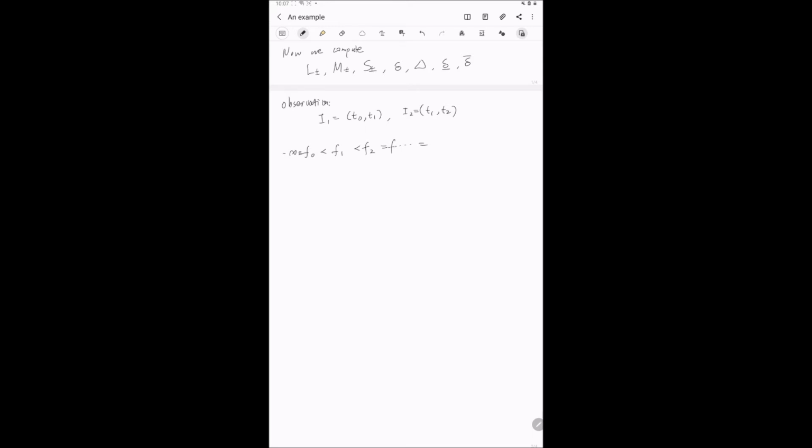But f2 is equal to f3 and all the way to fd, which is strictly less than f(d+1), which is by convention equal to positive infinity, on this whole interval of support from t0 to t2.